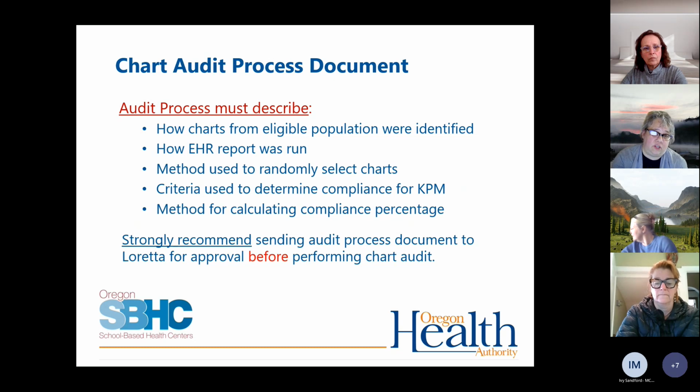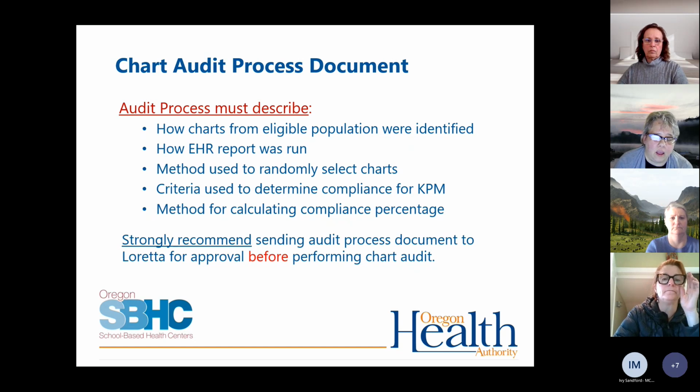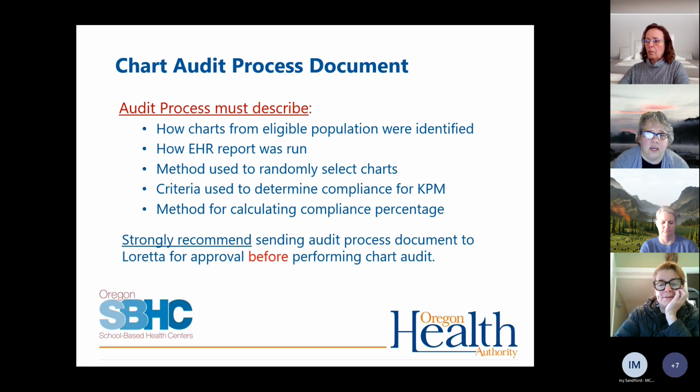Okay, so here, this is what I was talking about. What I need to know is how the charts were identified. If you ran a report from your EHR, like birth date range criteria, because it's 5 to 21 for the well visit and the health assessment, and then depending on which optional measure you choose, that age range is different. And how you randomly select charts.